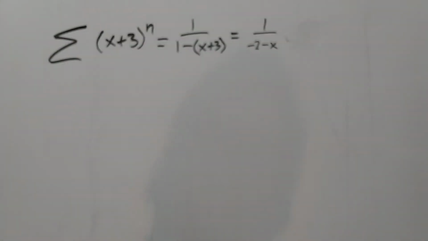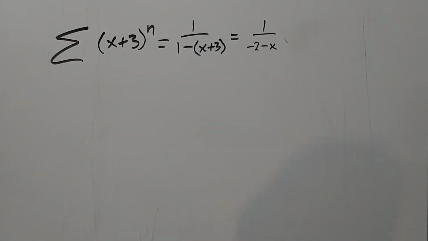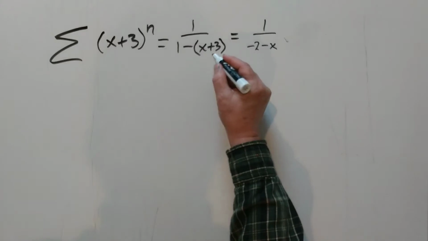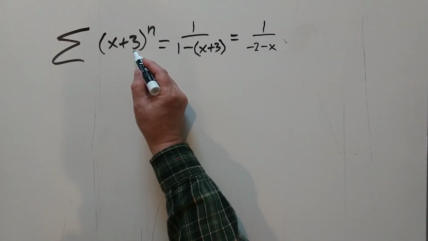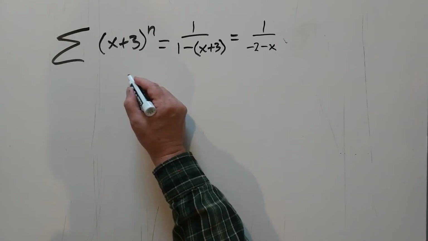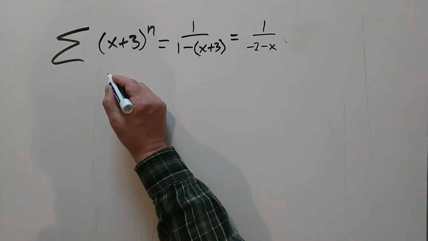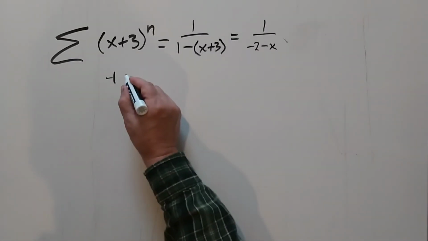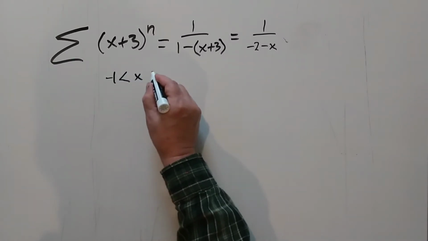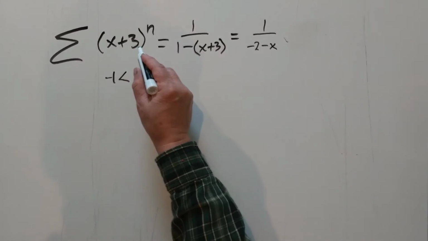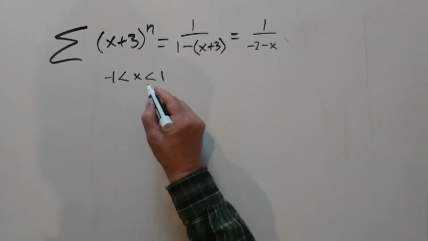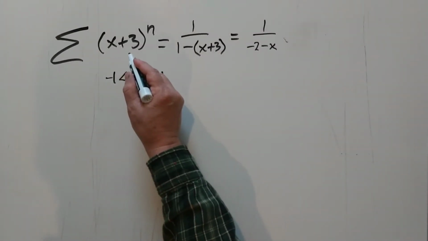Now, over what range is this going to converge? Notice that here we have added 3 inside parentheses. The normal range is from negative 1 to 1. But in this series, since we've added 3, that's a shift of negative 3.